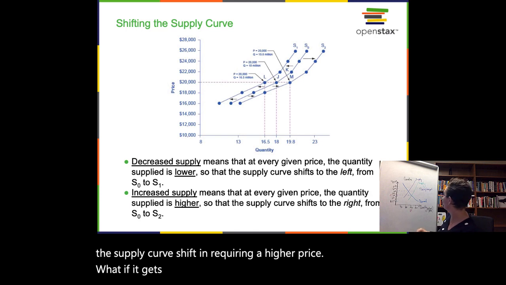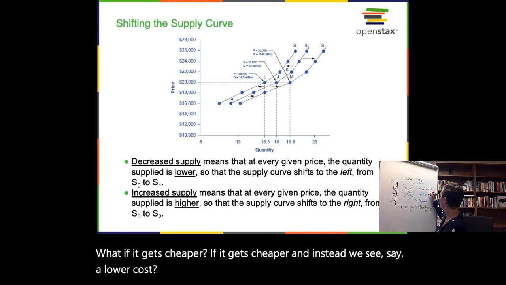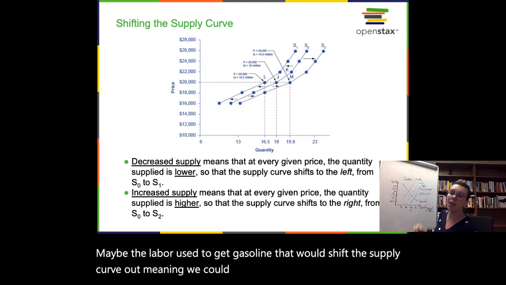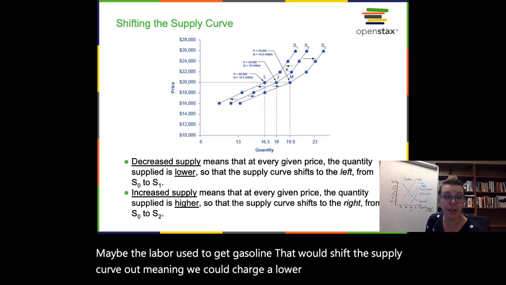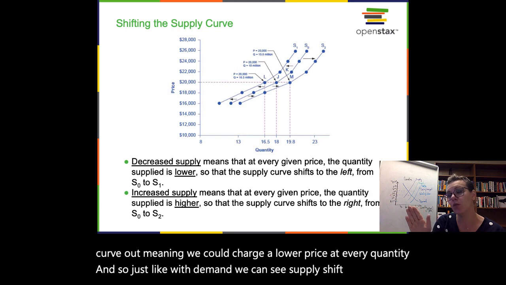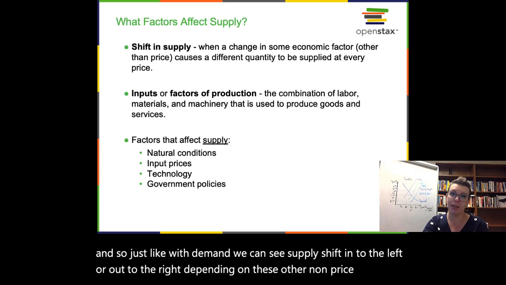If it gets cheaper and instead we see, say, a lower cost of maybe the labor used to get gasoline, that would shift the supply curve out, meaning we could charge a lower price at every quantity. And so just like with demand, we can see supply shift in to the left or out to the right, depending on these other non-price factors. So what are the factors we're talking about?